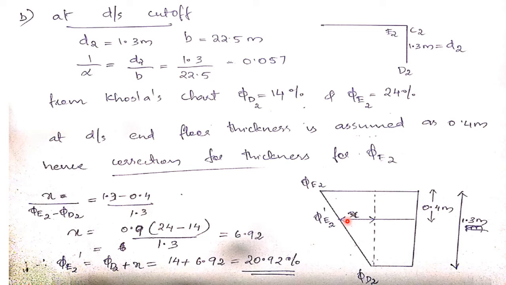Using the same method, x by phi E2 minus phi D2 is equal to this height, that is 1.3 minus 0.4, divided by this whole height, that is 1.3. Therefore x is equal to 6.92 and phi E2 dash is equal to phi D2 plus x, that is equal to 14 plus 6.92, that is equal to 20.92%.